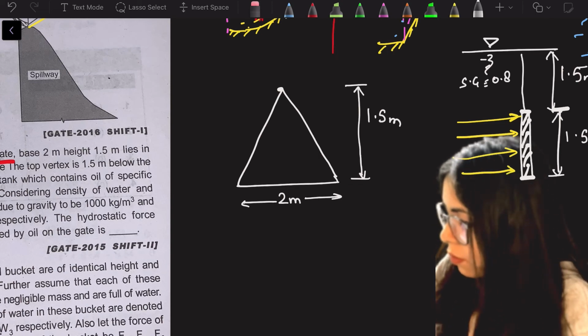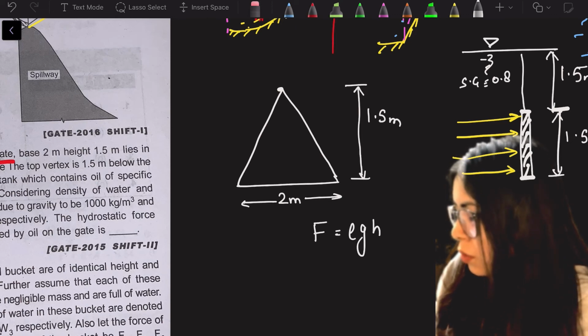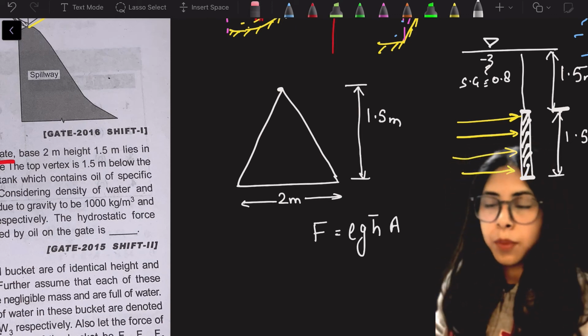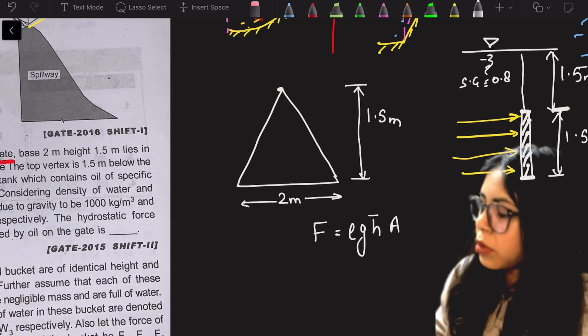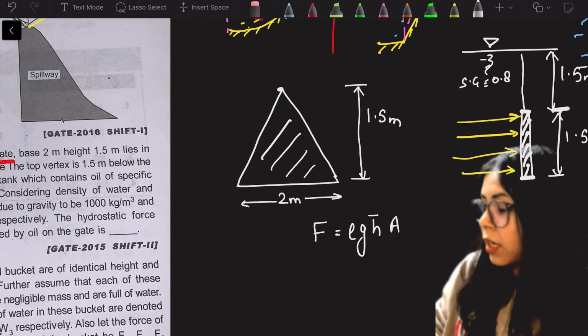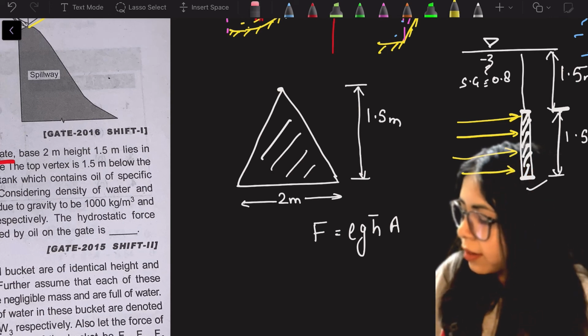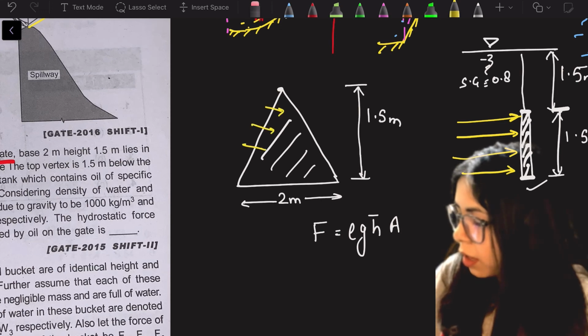That force has a formula we have already seen, rho g h bar into area. Area is projected area. If we are seeing the projected area, it is a triangle. This is the projected area of this particular plane. So the hydrostatic force is acting on this particular area everywhere.